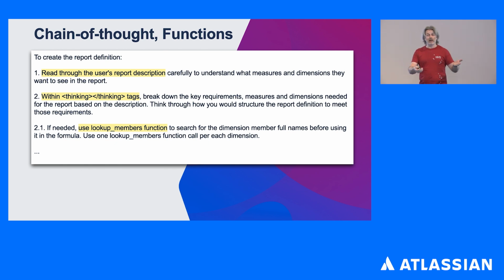We ask them to provide their internal thinking process within these thinking tags, which we then hide from the final response. But we as admins can review that to understand, debug, and improve whether it provides the results that we need. And we also provide different functions or tools, which are similar to Rovo actions. They can look up some dimension members, etc.